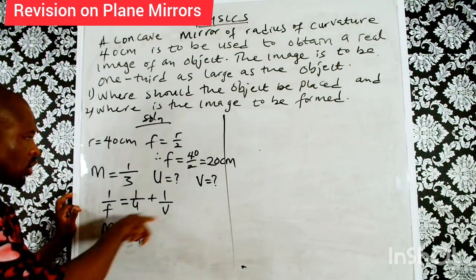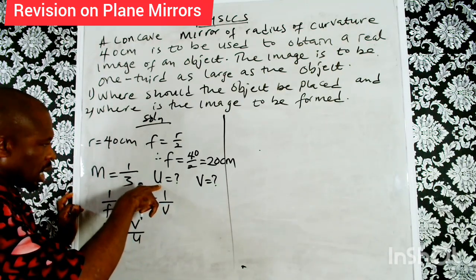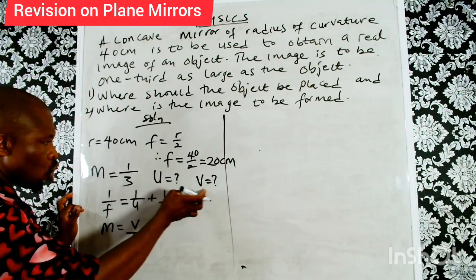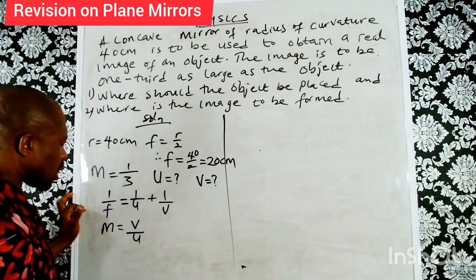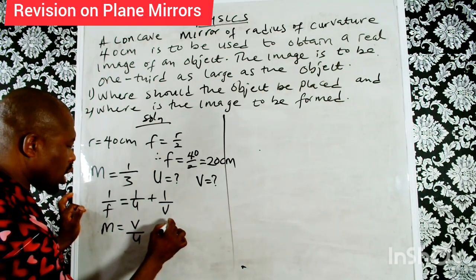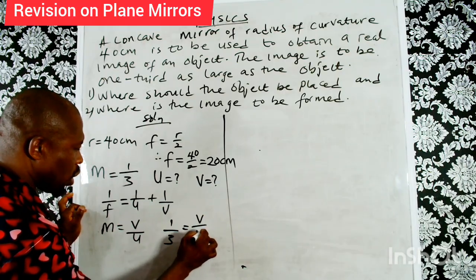We can use this to get our V, and after getting V, we can use it to get U. So we have these two unknowns at the same time. But because we are looking for this, we use this to get this, which will give us that magnification is 1/3, which is equal to V all over U.